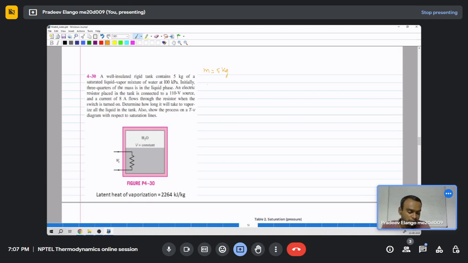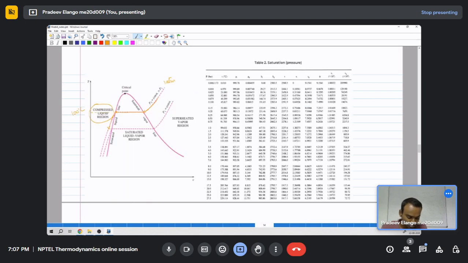So that means you can define the quality x here. If the state is here, we will say x is equal to this distance. Say this is x1 and this is x2. So x is like the mass of the fluid in vapor phase divided by the total mass of the system.